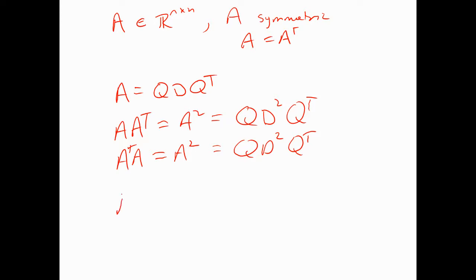So it seems like, if I just used the argument we just made, and said the eigenvectors of A A transpose give me the left orthogonal matrix for the singular value decomposition, and the eigenvectors of A transpose A give me the right singular vectors, I should be able to stick these two things together and get the singular value decomposition.